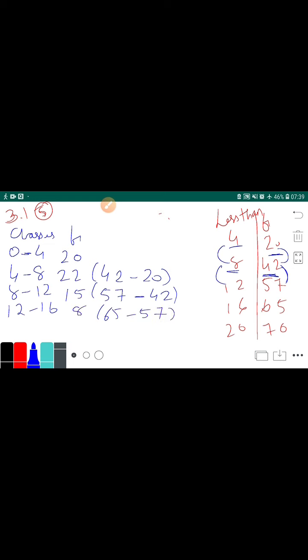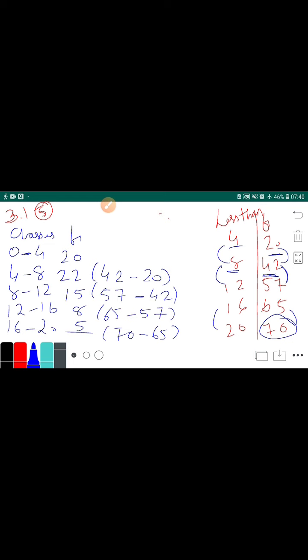Now the total of this frequency should be 70. So you can see the total, 20 plus 22, 42, plus 15, that is 57. 57 and 8, 63, 63 and 5, 68. So there is some problem maybe.